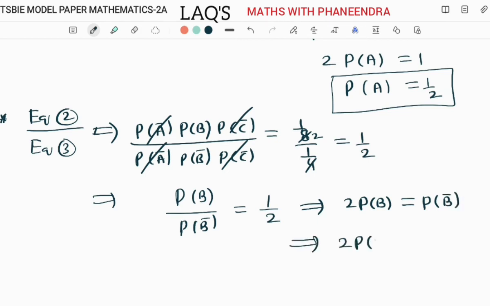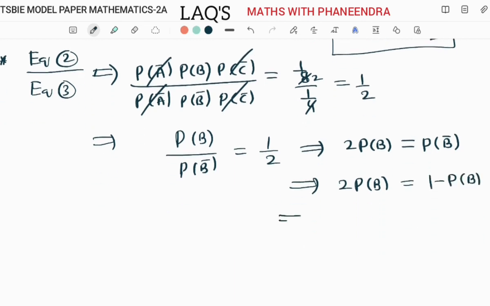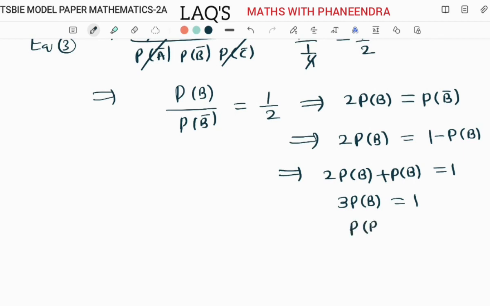So 2 times P of B is equal to 1 minus P of B. So minus P of B we can take this side. 2 P of B plus P of B is equal to 1. 3 times P of B is equal to 1. So P of B is equal to 1 by 3.